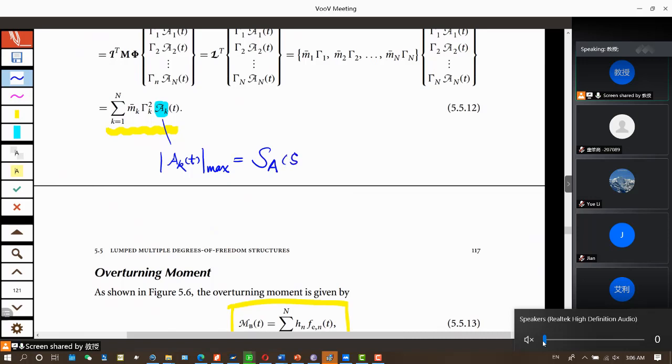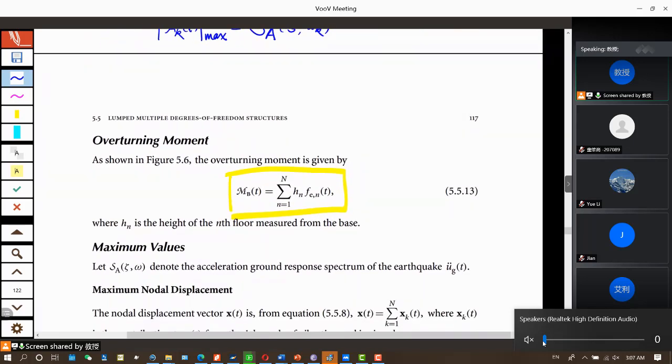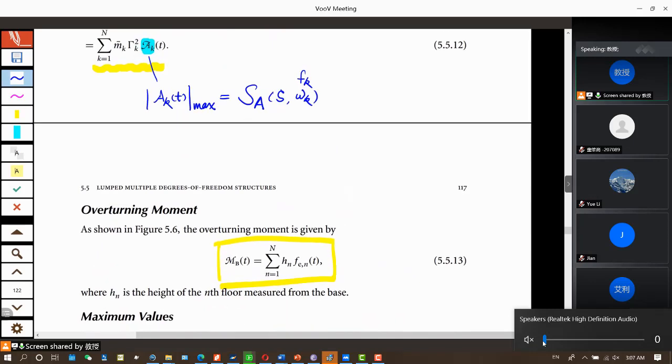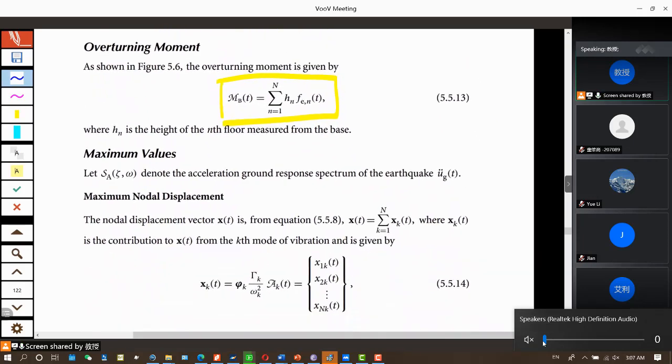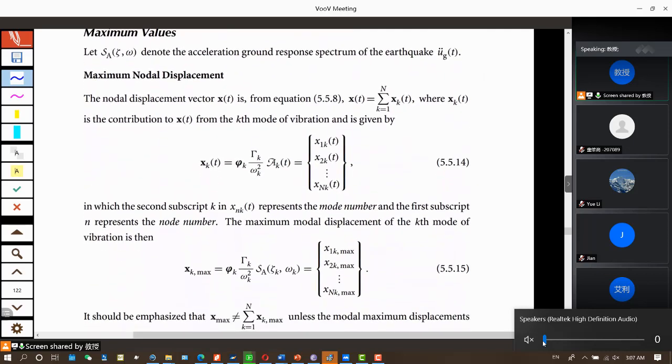the nodal maximum value. Okay, so be careful, you are clear about node, nodal, and the modal. Okay, so X is X1, X2, Xn.